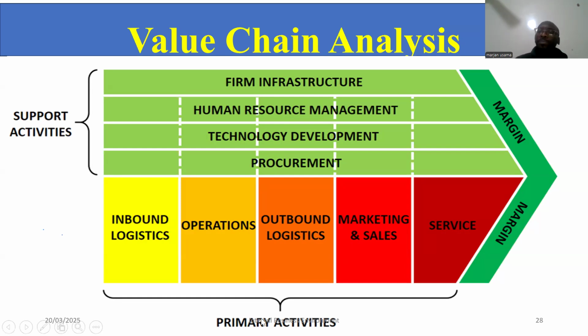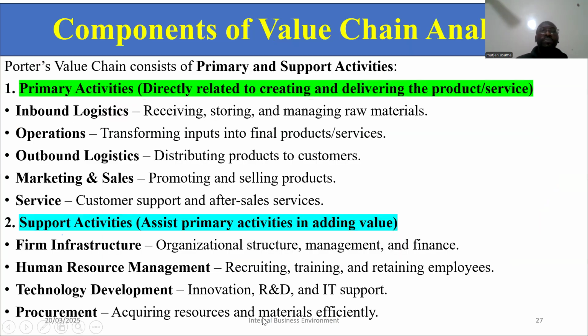So number one, primary activities are directly related to creating and delivering the product. If you are in a cafeteria, these are all the activities that help to bring the food to the table. Cooking is a primary activity.